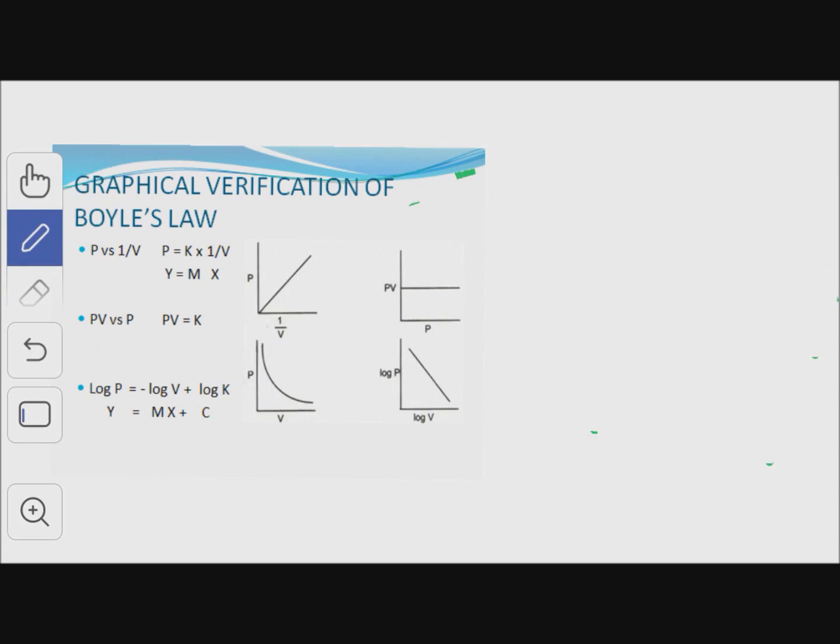And the minus sign represents the decrease in volume. And from here, this log K is the intercept, and m represents the slope of this graph, which is equal to minus 1 here.